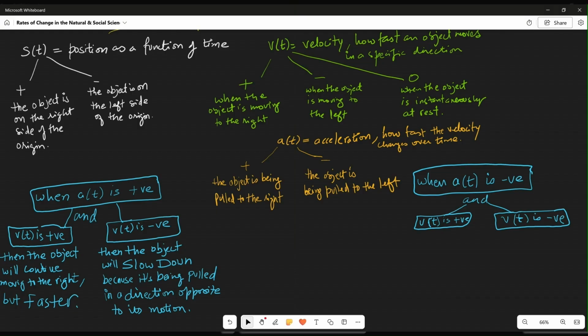When acceleration is negative and velocity is also negative, then the object will continue moving to the left, but can you guess what I'm gonna write next? Faster.